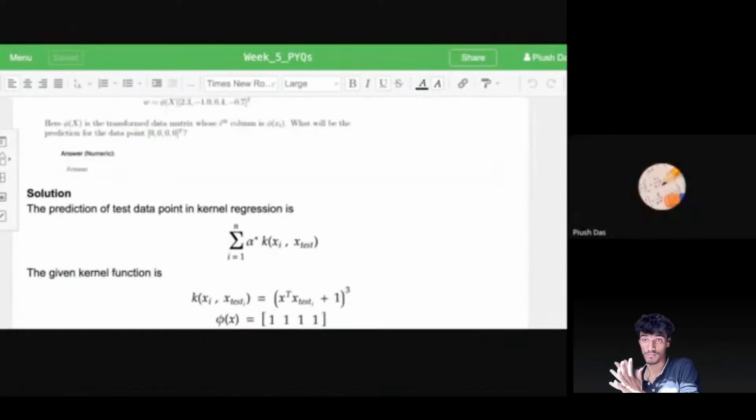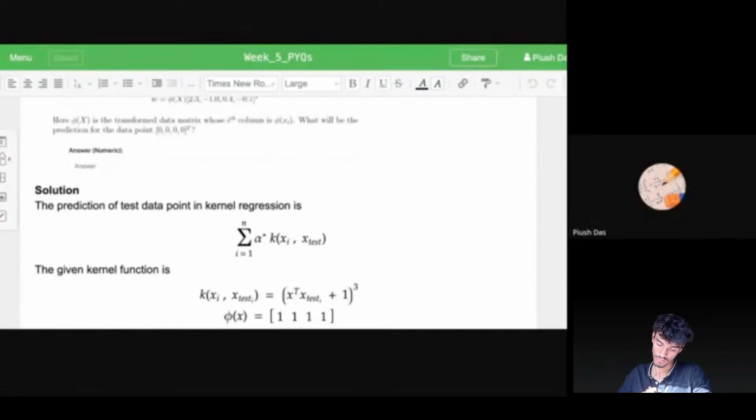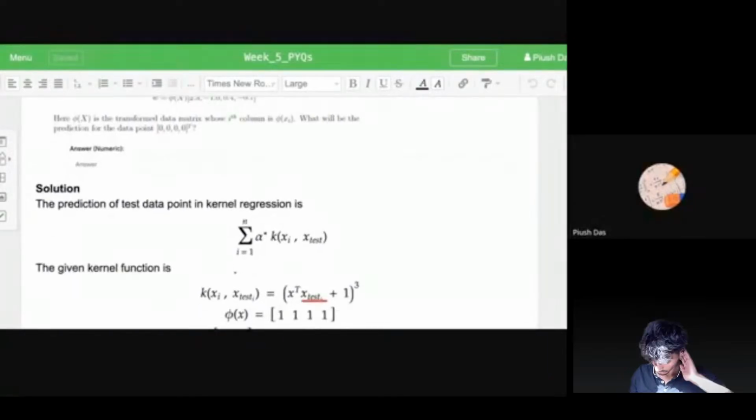Here, because it is 0, we don't require x. Anything x can be, if we multiply that with x test, which is 0, plus 1 cubed, it comes out to be 1. If x test was 0, 0, 1 or something instead of 0, we would actually have to know this x matrix.